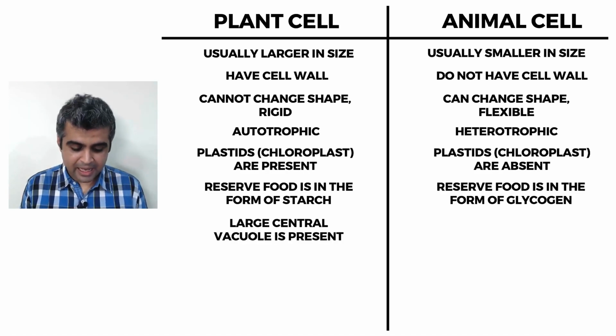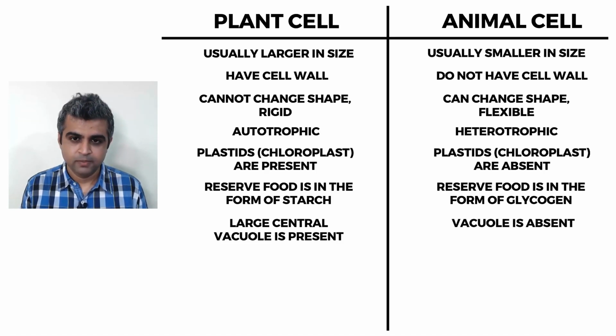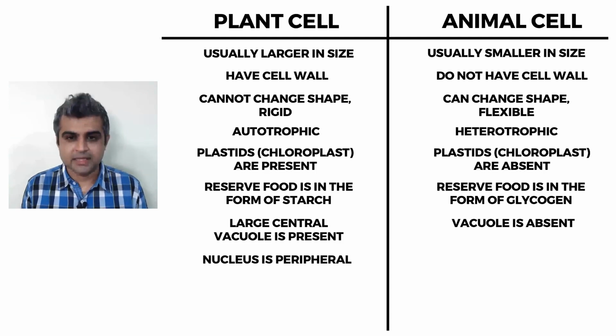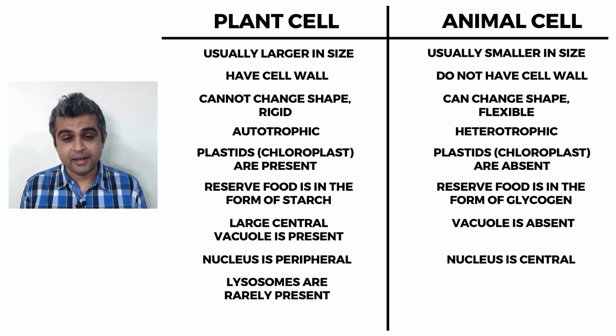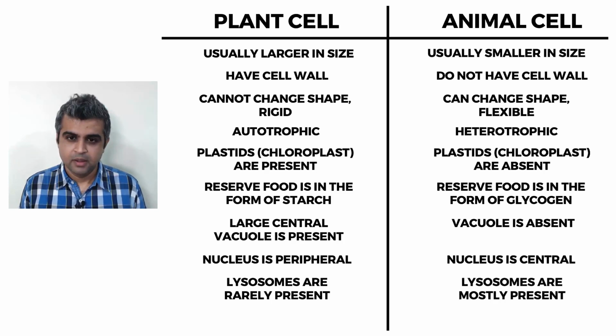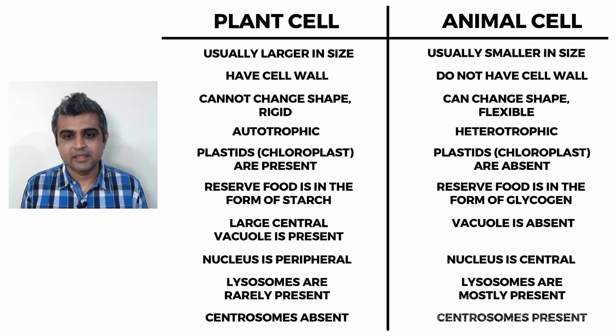Plant cells have a large central vacuole. Animal cells do not have a vacuole. Because of the large central vacuole, the nucleus is peripheral in the case of a plant cell, and it is central in the case of an animal cell. In the case of a plant cell, lysosomes are rarely present, whereas in an animal cell, lysosomes are mostly present. Centrosomes or centrioles are absent in a plant cell, whereas they are present in an animal cell.